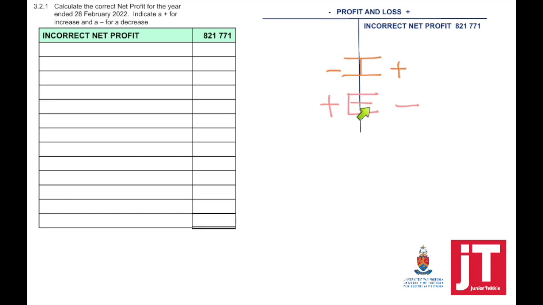If we're looking at our expenses, if our expense increases, it will have a negative effect on the net profit. If our expense decreases, it will have a positive effect on the net profit. So draw this on your answer booklet and make sure that you get it 100% correct. Should it be plus or should it be minus?